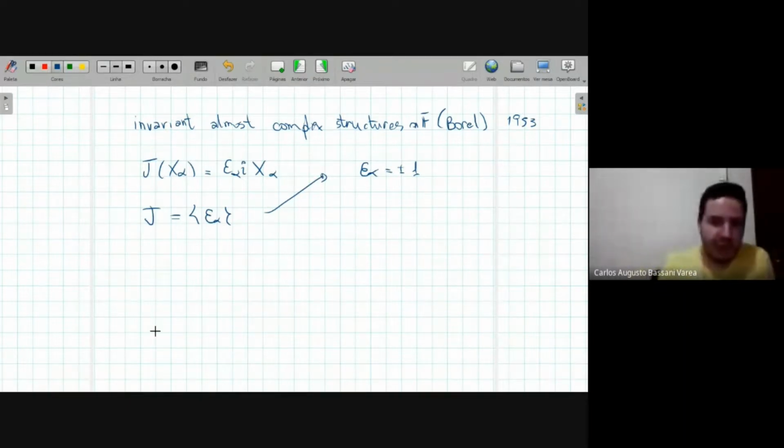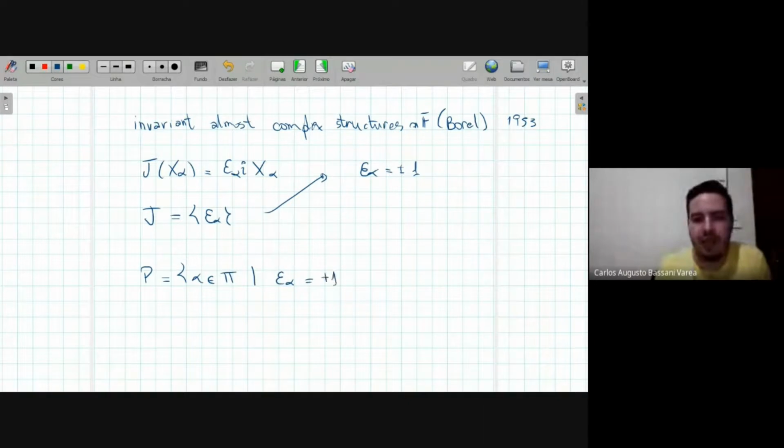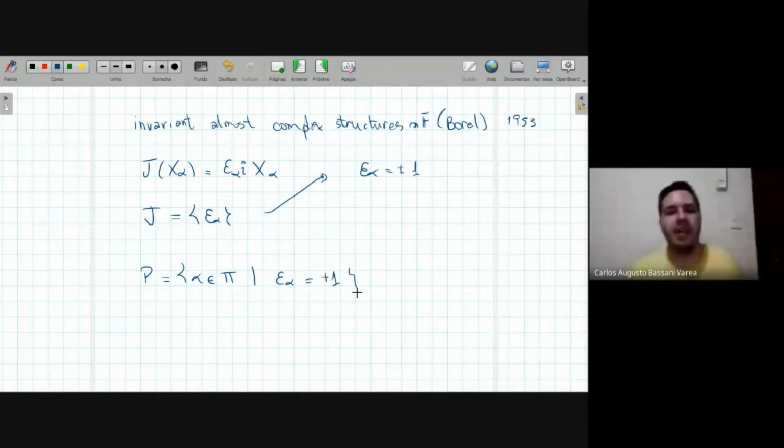And Borel proved that the set of the roots where the sign is positive is a choice of positive roots. If J is integrable, then this set is a choice of positive roots in some lexicographic order.